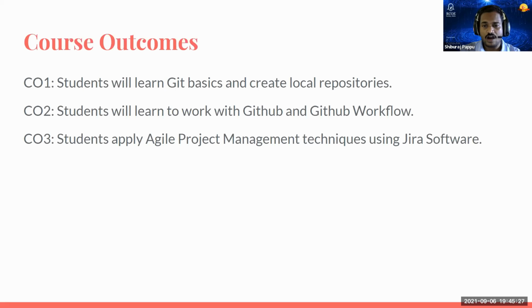So how you should work on a project using GitHub. The third outcome is, so till here everything is fine. You can purely use GitHub and do the entire project management in GitHub also.